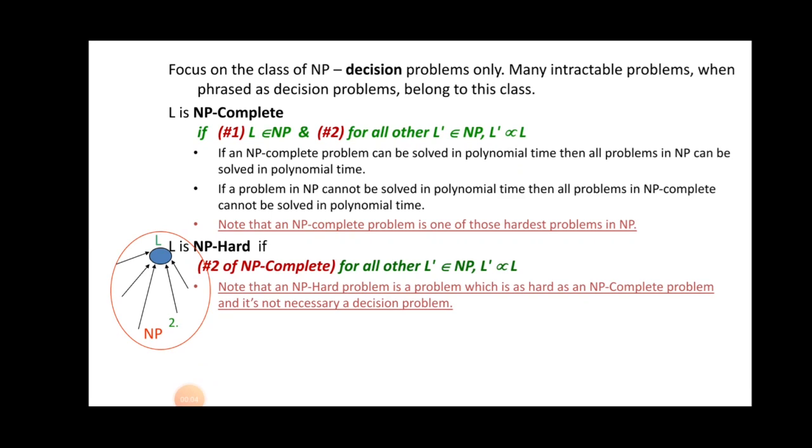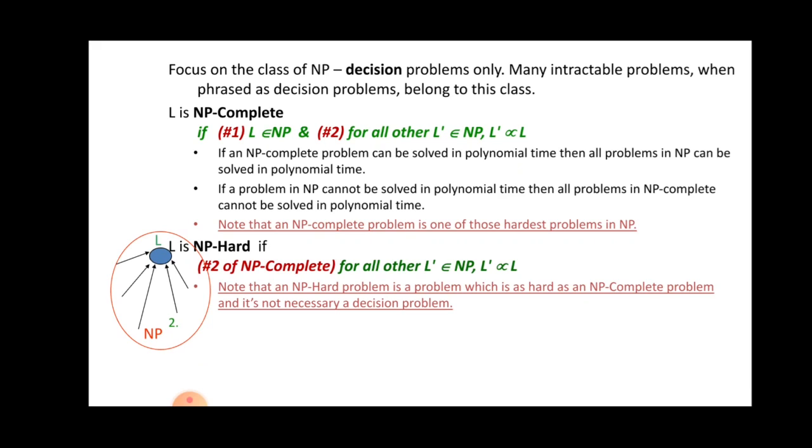So the language is said to be NP complete if the particular language belongs to NP, and the second property is for all other L dash also belonging to NP. Here L and L dash are complements of each other. So a given language belongs to NP, and other than the given language, L dash also belongs to NP.